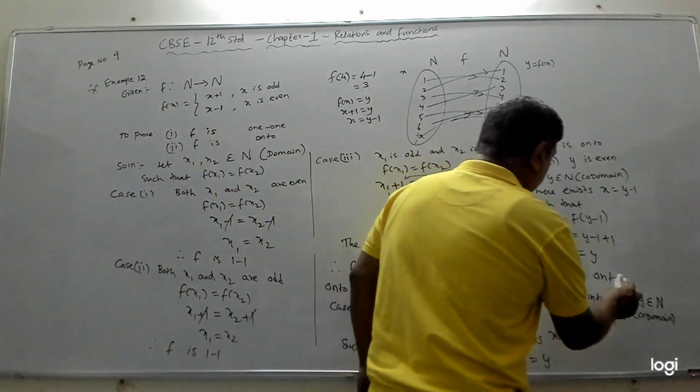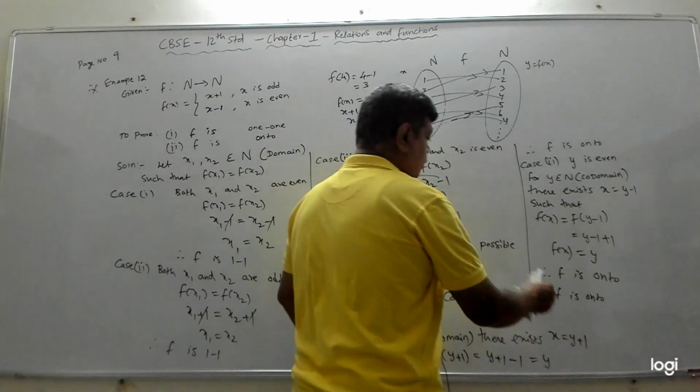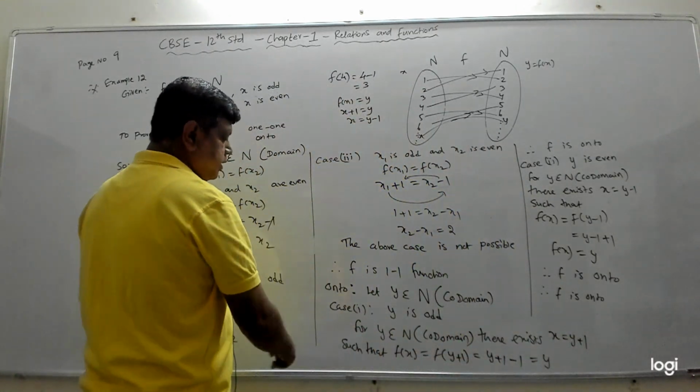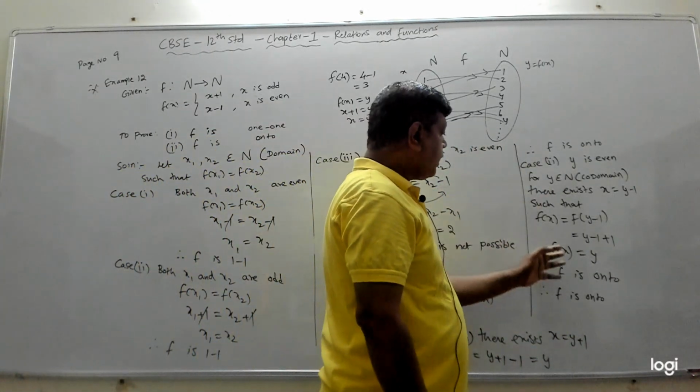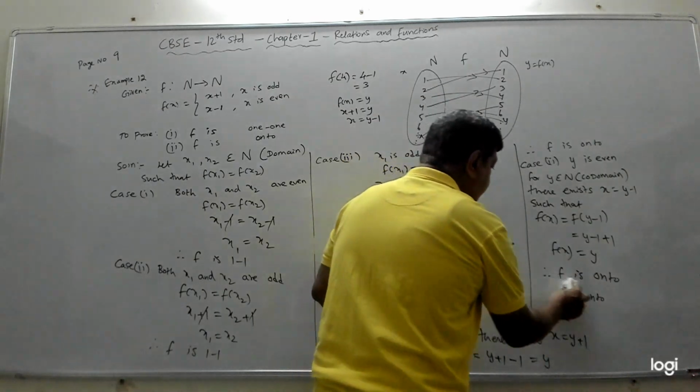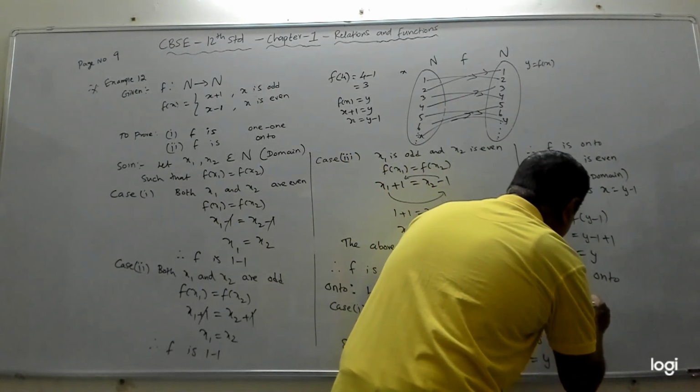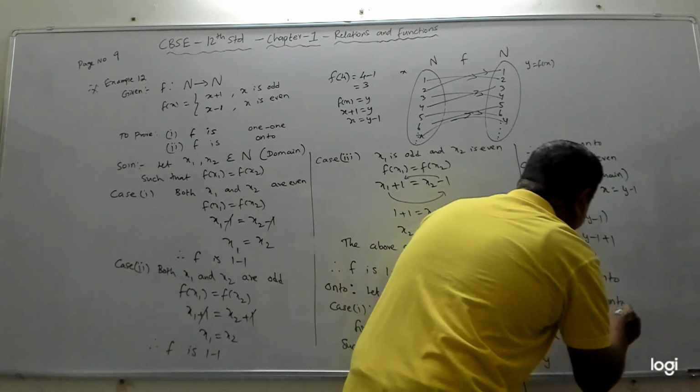Or we can just say f is onto, it doesn't matter. You need not even write this, that's okay. We can say f is onto because in both the cases, case 1 and case 2, it is onto. So finally, therefore f is onto.